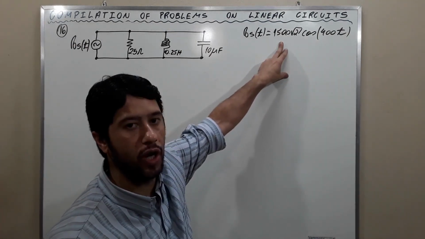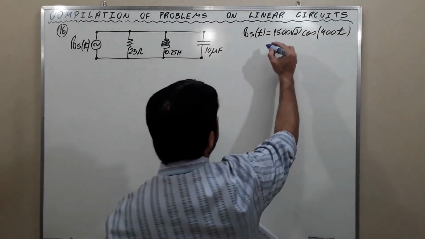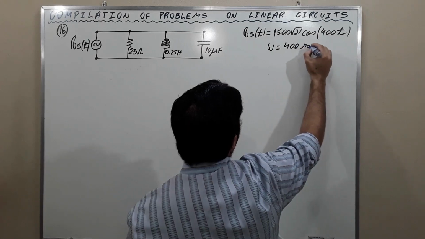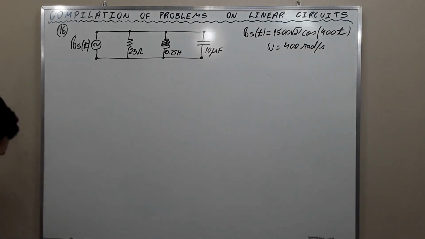The voltage of the power supply is this, and we know that W is equal to 400 radians per second. With this value of W, we can calculate the reactances. Okay?